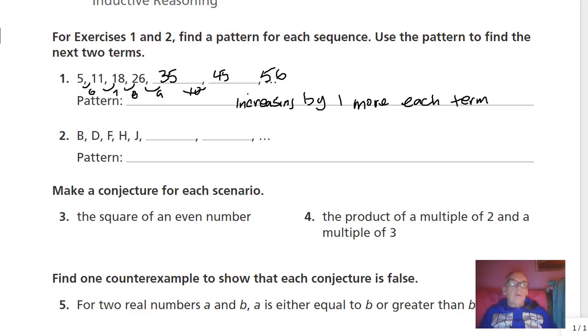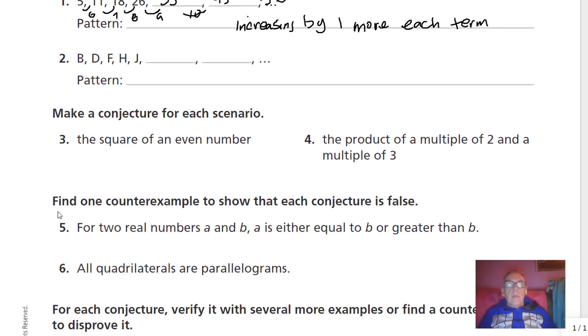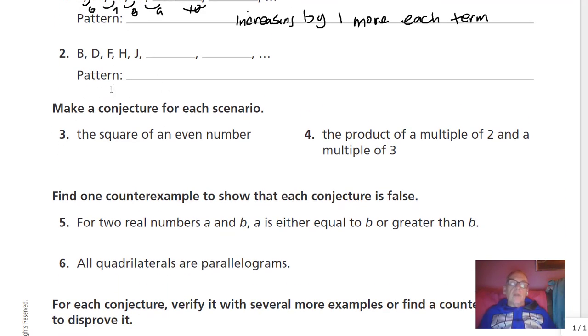Okay, let's look at number 2. B, D, F, H, J. Let's see. So let's try maybe the difference between the letters. B, C, D. 2 more to get to D. D, E, F. 2 more to get to F. F, G, H. 2 more to get to H. So it looks like the jumps are 2 between the letters.